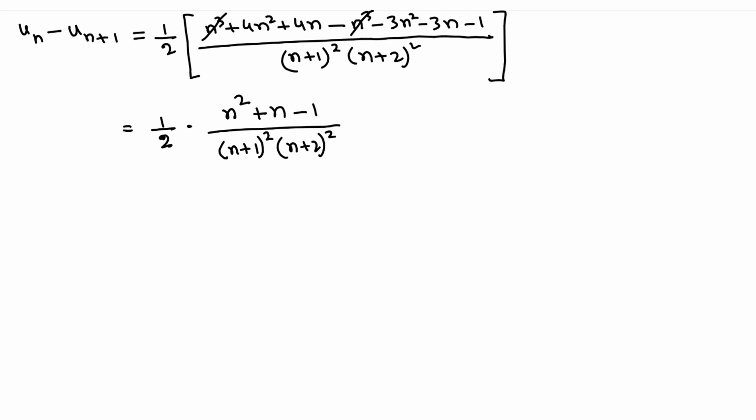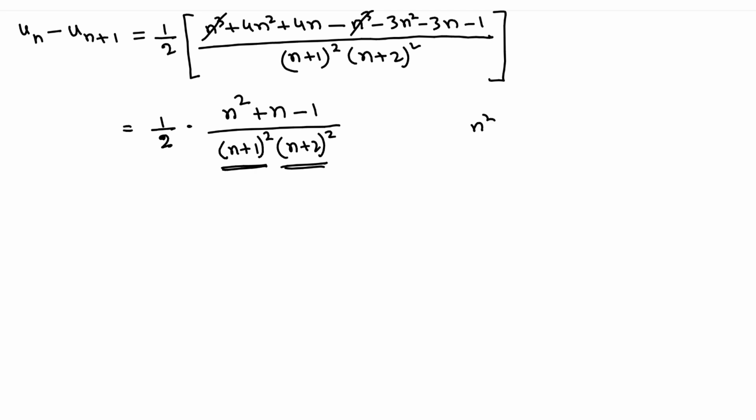Now this result is positive or negative. The denominator is n plus 1 whole square. N plus 1 is positive and square of a positive number is always positive. Similarly, n plus 2 whole square is positive. Half is always positive. Now n square plus n minus 1. If this is positive, then the whole result will be positive. If this is negative, the whole result will be negative.